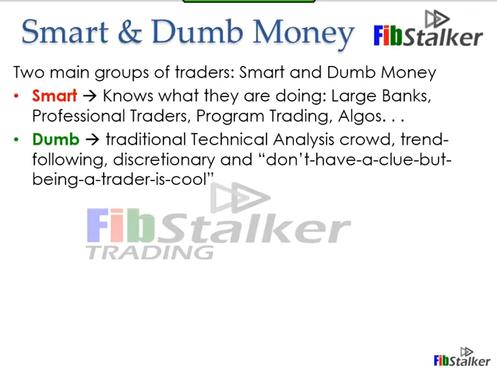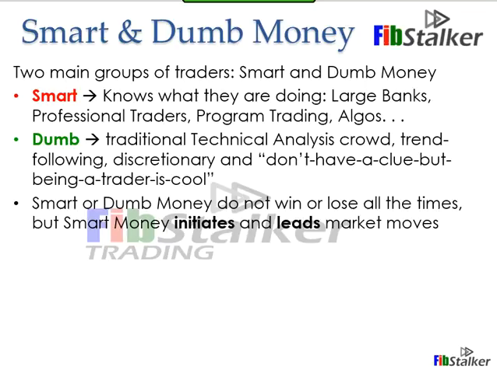And so when we know that there are two groups, smart and dumb money, we also need to understand that they act and will affect the market in different ways. For example, first of all, they do not lose or win at all times. Sometimes dumb money is right, sometimes it's smart money that is right. The point is that you will observe, and I'll show you on the charts, that smart money always initiates and leads market moves.